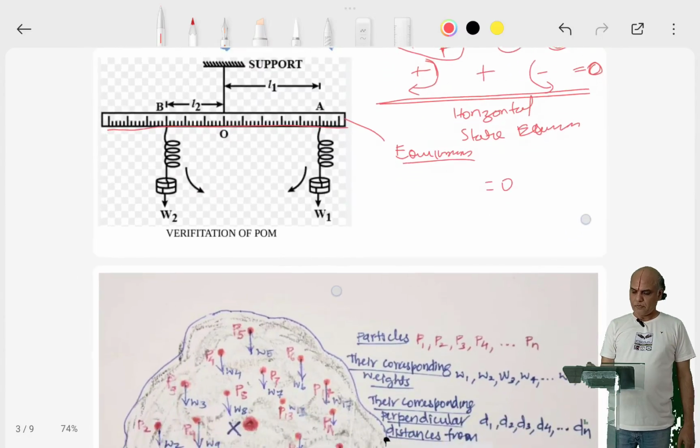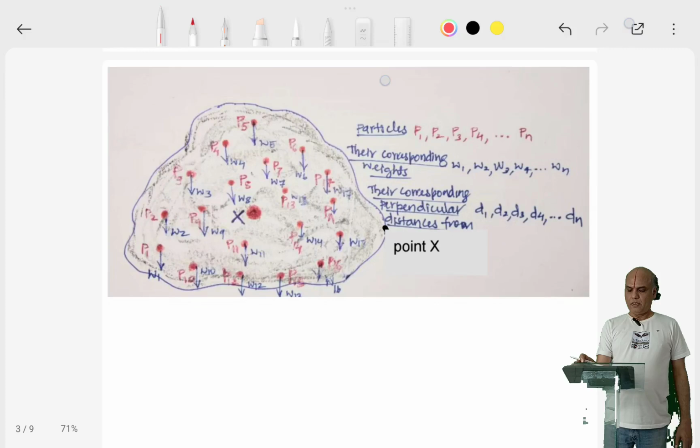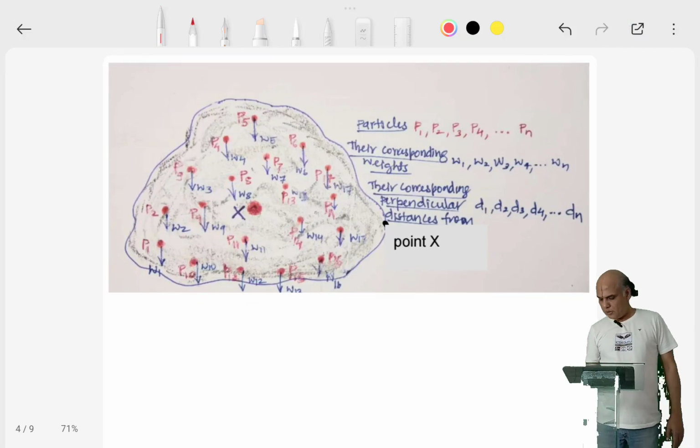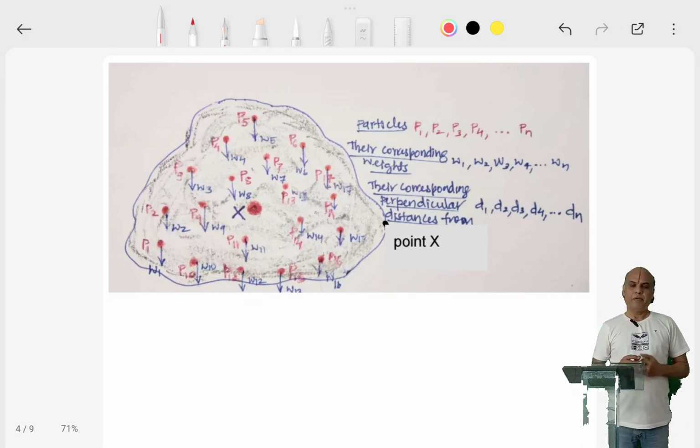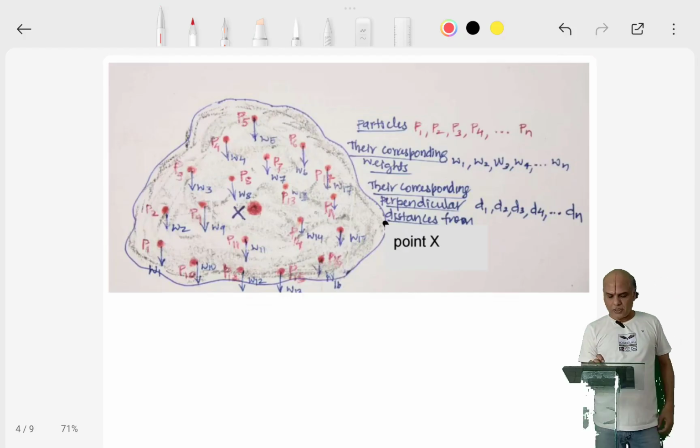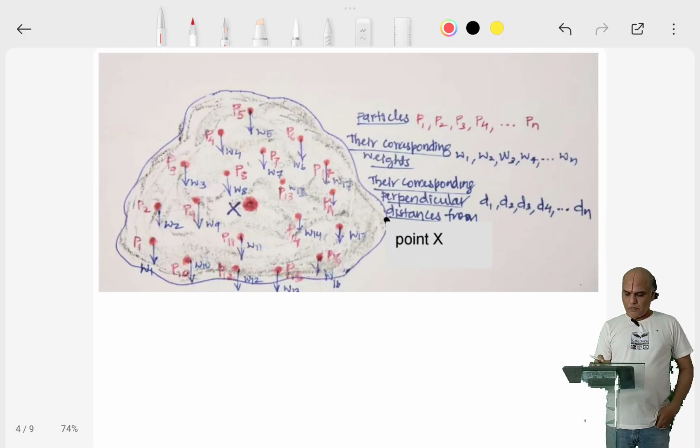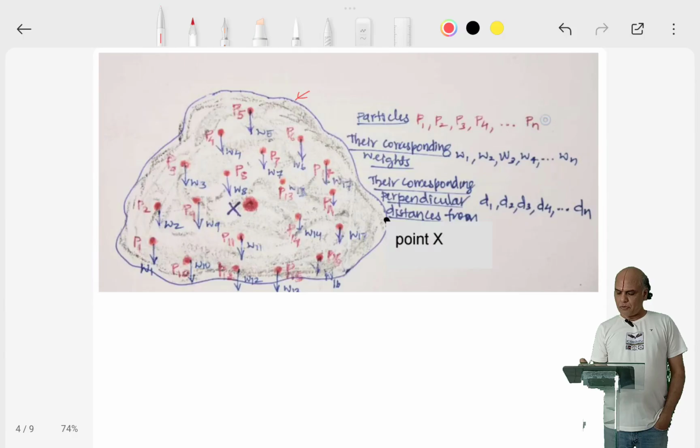Clear? Okay. Now let us move to center of gravity. Now consider some rock or some object. Okay. In this object, let P1, P2, P3, P4, so on until Pn be the individual particles comprising that object. Infinitesimally small individual particles named P1 to Pn.